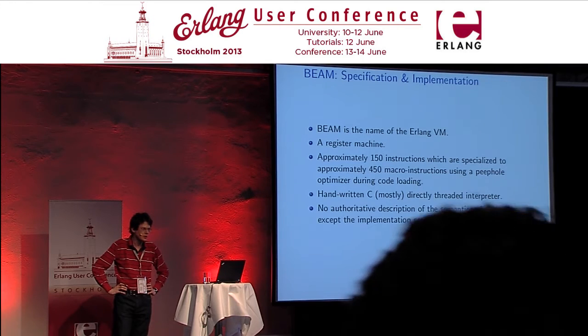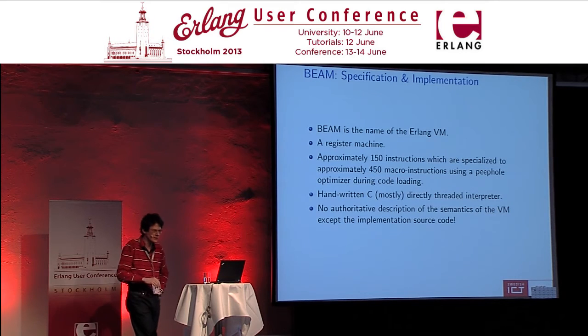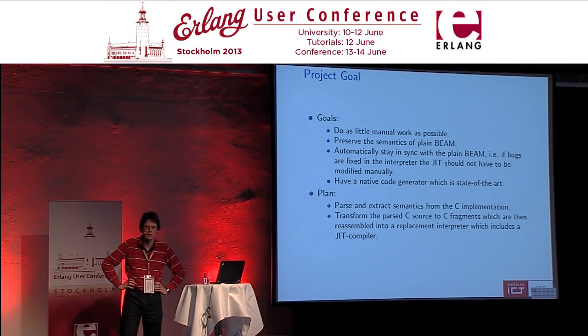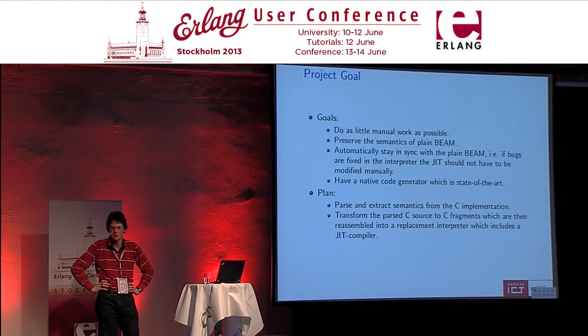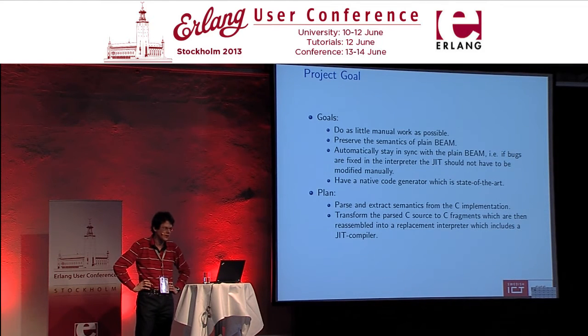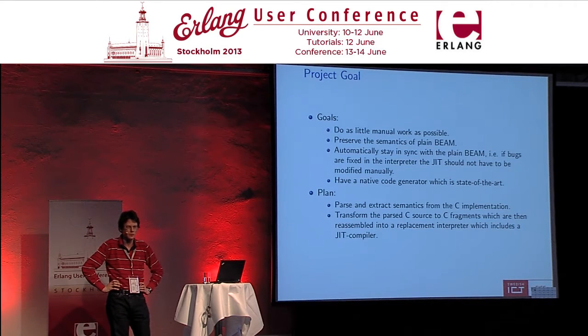But when I was asked to build this JIT compiler, I set up a number of goals for it. The goals are that I want to do as little manual work as possible, because I'm a computer scientist and manual work is boring. You want to automate it. I wanted to preserve the semantics of plain BEAM, so I didn't want a user to see any difference between running the jitting version compared to the traditional version.